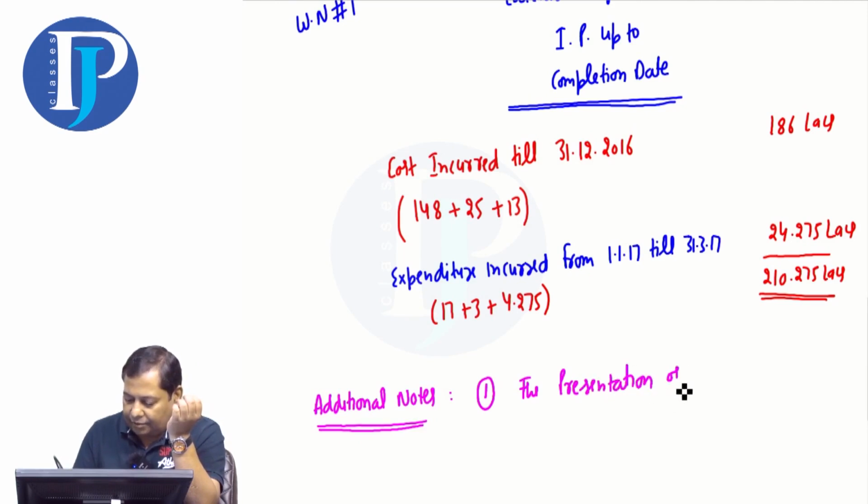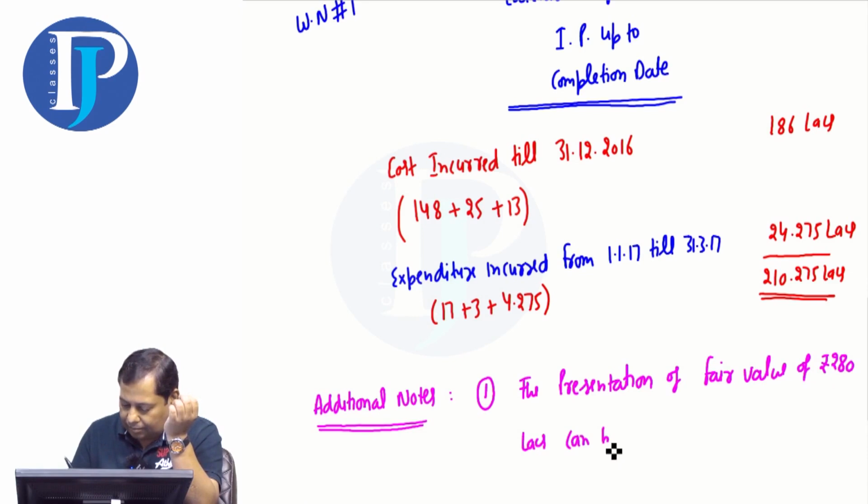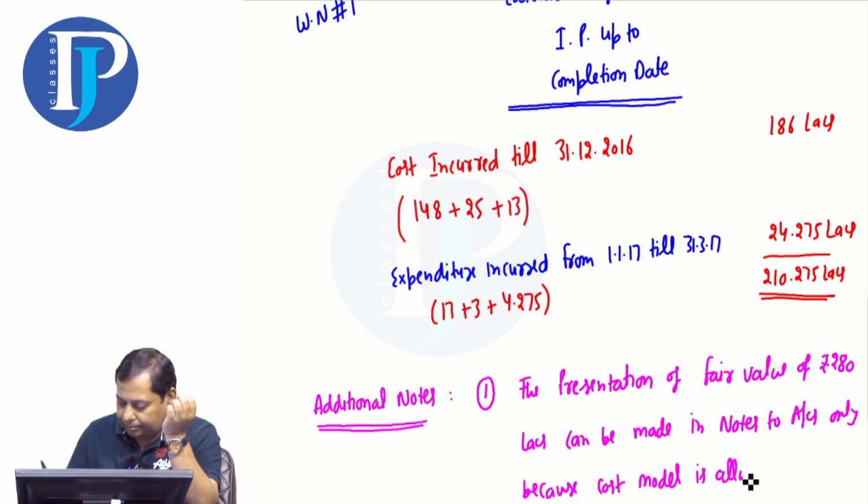The presentation of fair value of 280 lakhs can be made in the notes to accounts only, because cost model is allowed for IP.